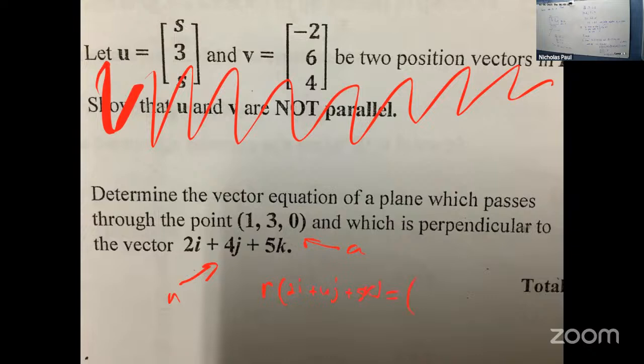A is 1, 3, 0, and the vector is 2, 4, 5. So that'll be what? 2 plus 12, 14. That's it. So your final answer is R dot 2i plus 4j plus 5k is equal to 14.